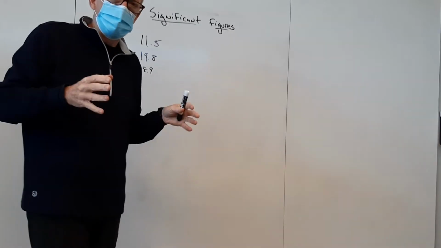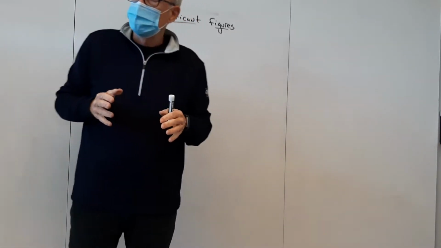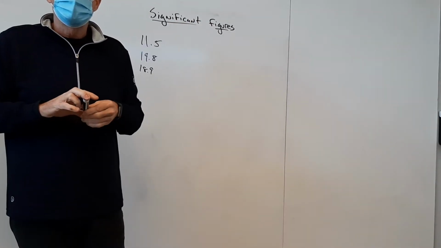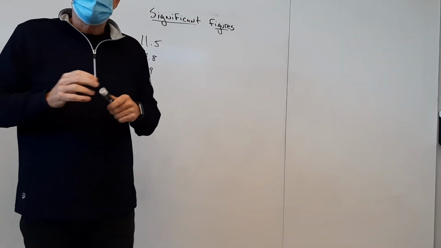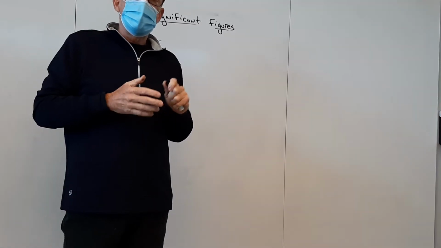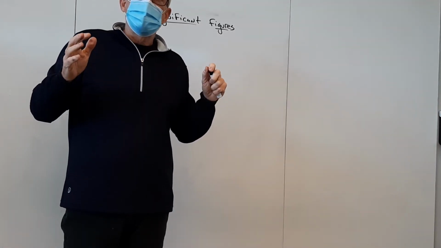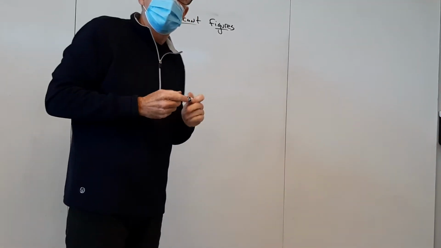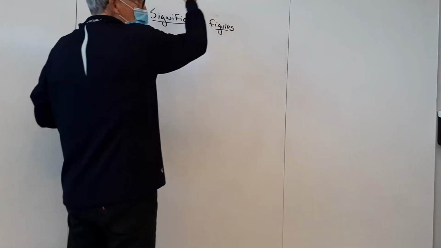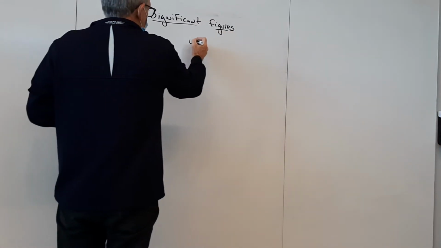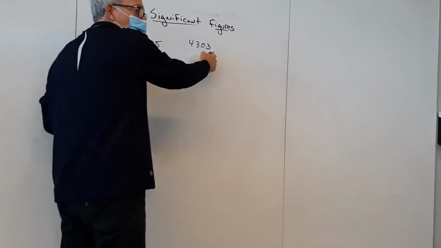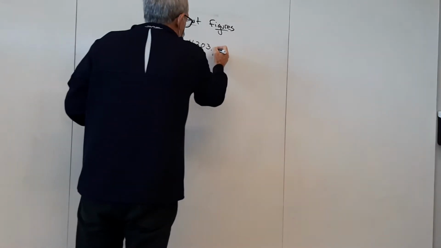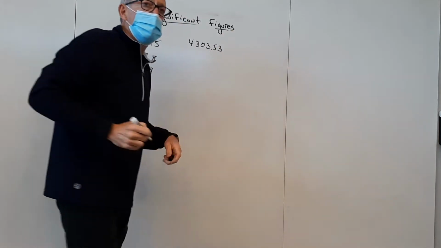And at home, I hope you're doing this also. What did your calculator say? What's the number your calculator says? 4303.53.